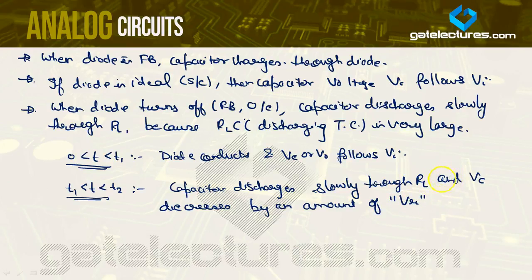Between this interval the diode remains reverse biased.